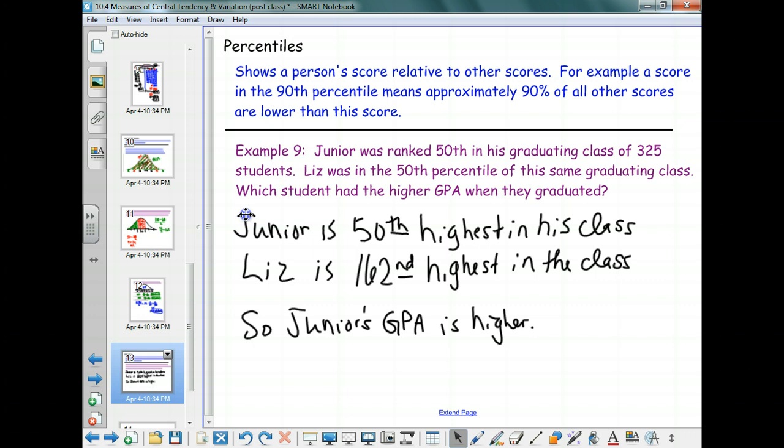What else could you do instead of comparing it the way that we just did here? Sure, we can figure out what percentile he's in. If he's the 50th highest, how many people are below him? 275. What could you do to figure this out? 275 people out of 325 that are beneath him.